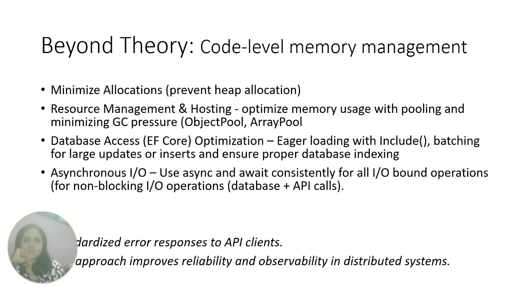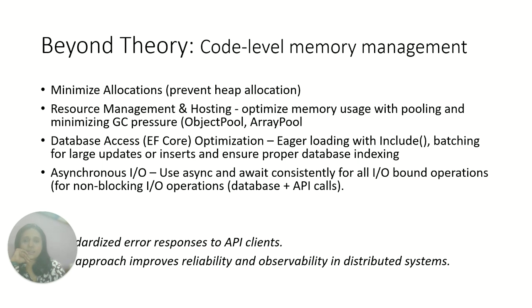It's important to manage the memory by reusing the objects with the help of pooling and reducing the GC pressure instead of creating it every time, and minimizing the heap allocation.